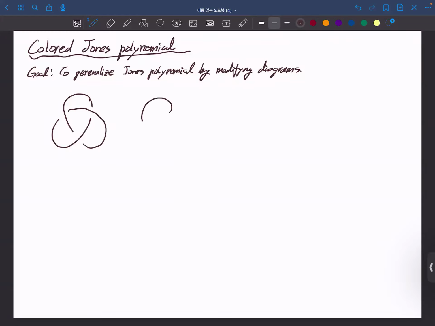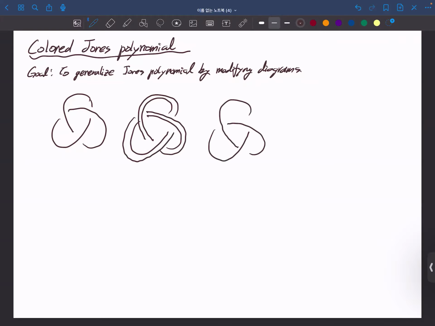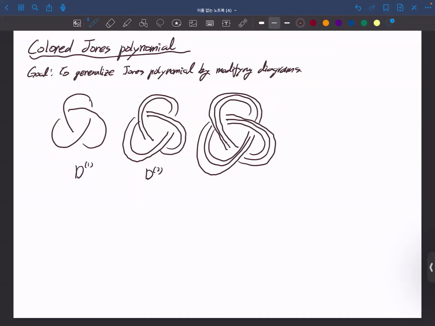It is to draw parallels using blackboard framing. And let us denote them D1, D2, D3.